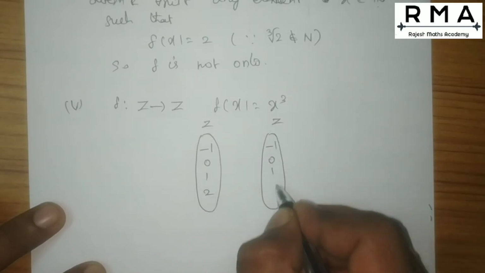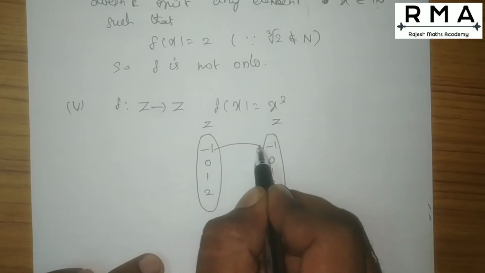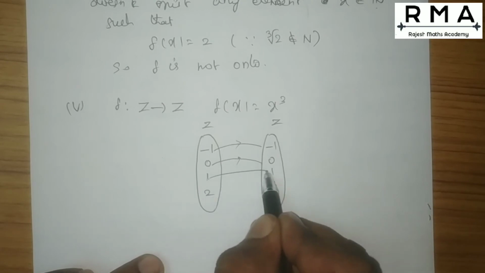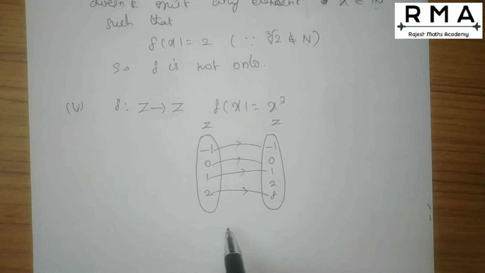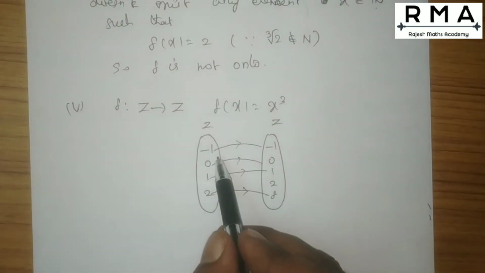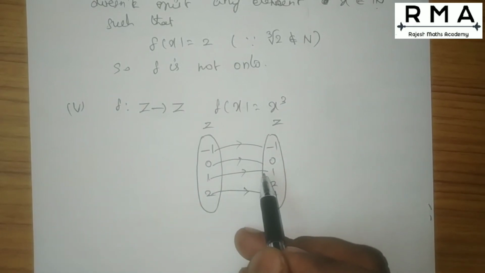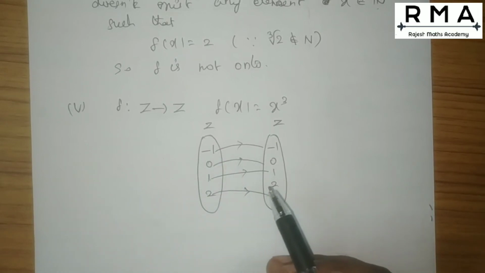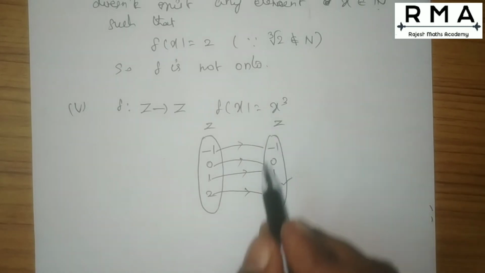So -1 cube is -1, 0 cube is 0, 1 cube is 1, 2 cube is 8. So we can say that every element of x has a unique image in y. So I can say that this is 1-1. What about onto? Here also the numbers 2, 3, 4 are left unmapped. So clearly it is not onto, as in the previous problem.